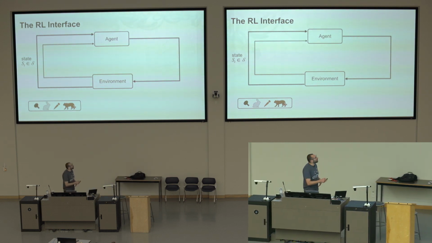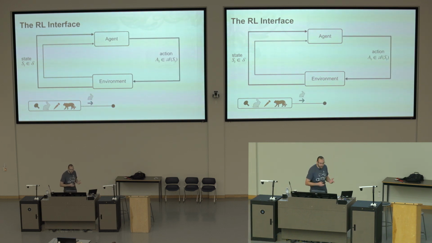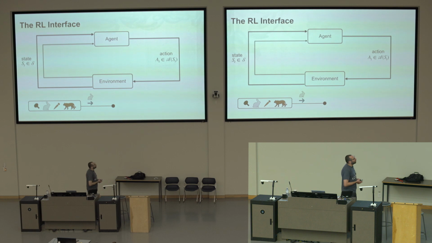And we say that there's a finite set of states here. And then the agent takes an action. In this case, the rabbit moved over. And again, we have a finite set of actions. And in this case, we use a special notation to note that we have a specific set of actions for each state sometimes.